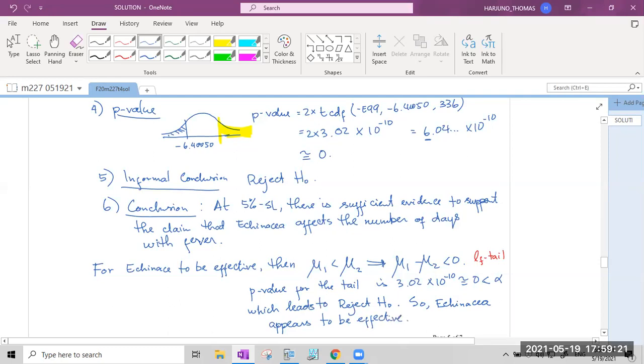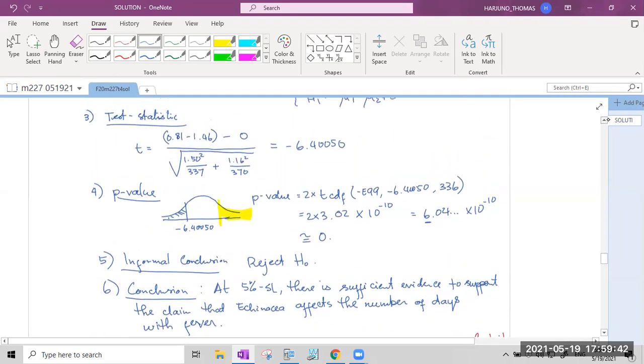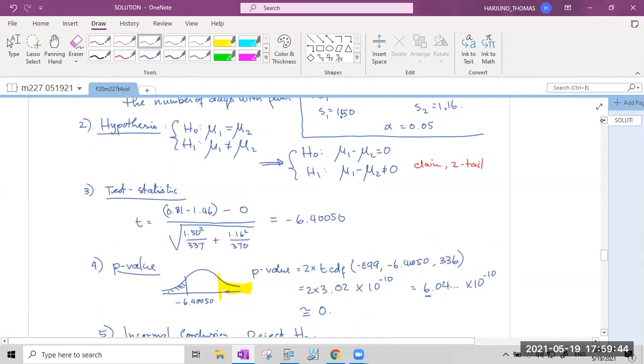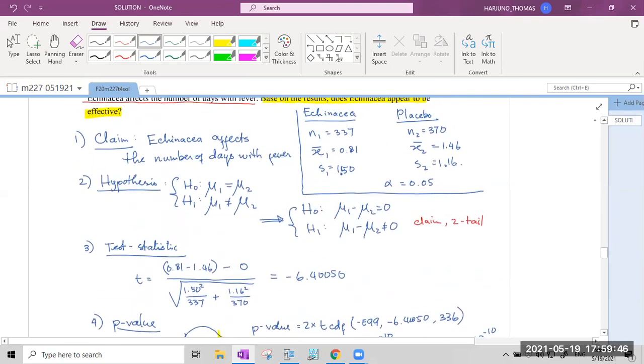Basically, the fact that echinacea affects the number of days with fever, and to say that it is effective, which means it's reducing the number of days with fever, those are two different claims. What I'm trying to show you here is, even though they are different claims, our data are the same, which gives us the same test statistic.